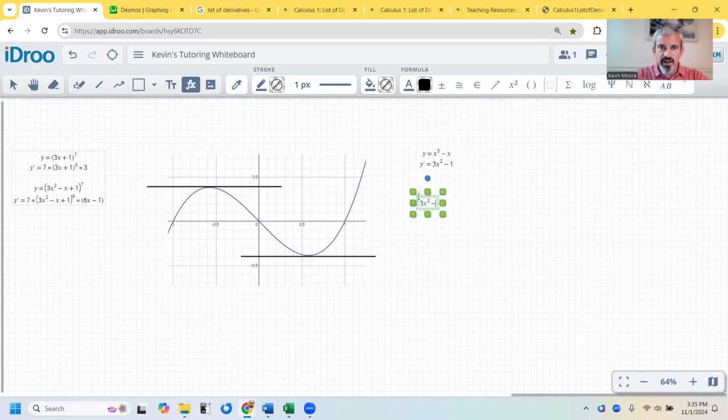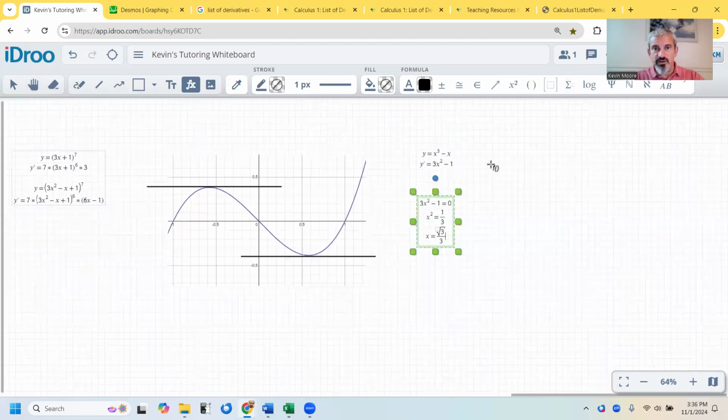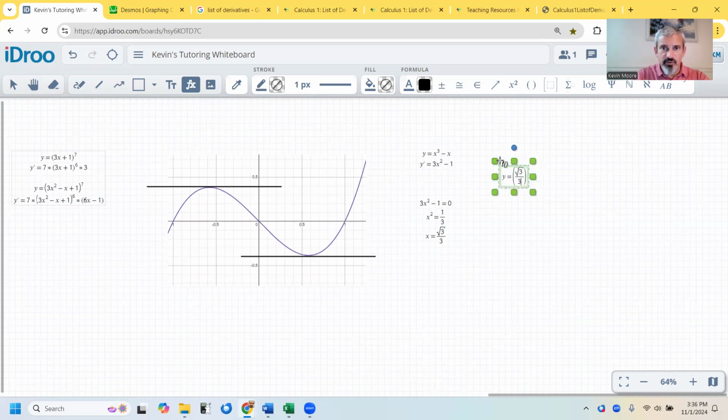3x squared minus 1 equals 0. x squared equals 1/3. x equals plus or minus square root of 3 over 3. Oh, I'm sorry, I forgot the plus or minus here. And if I plug this back into the original equation, I get y equals square root of 3 over 3 cubed minus square root of 3 over 3.